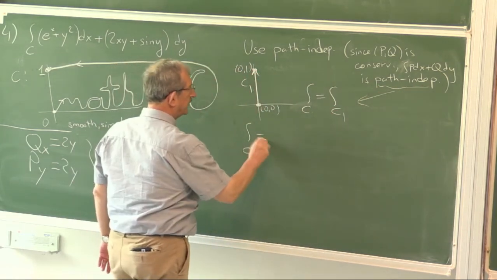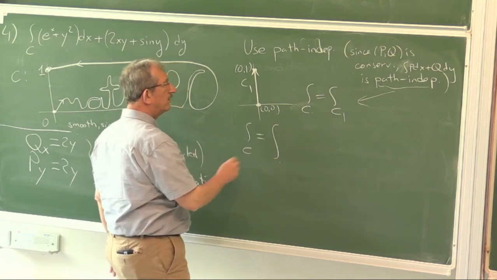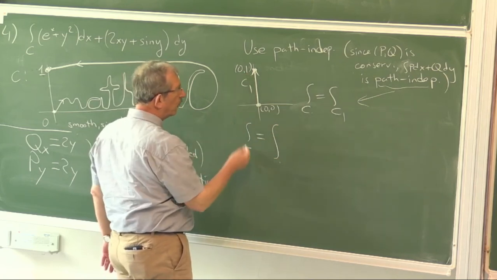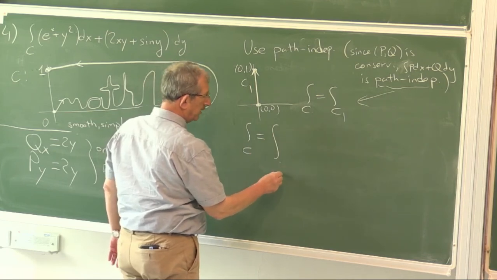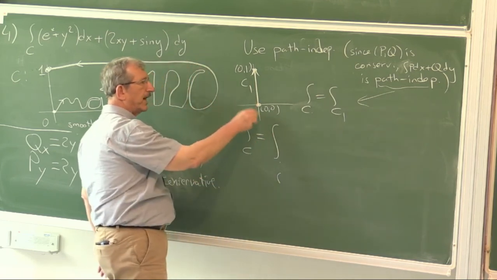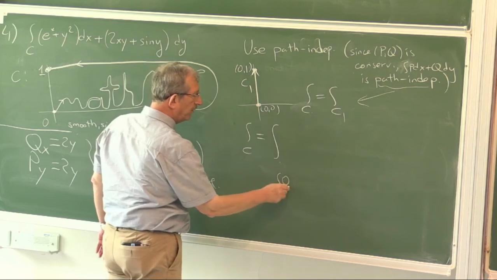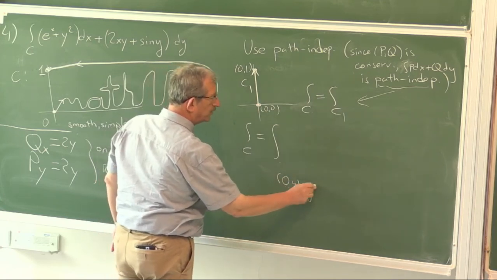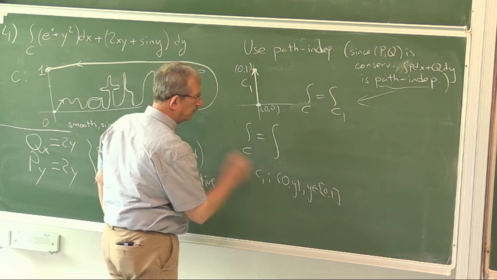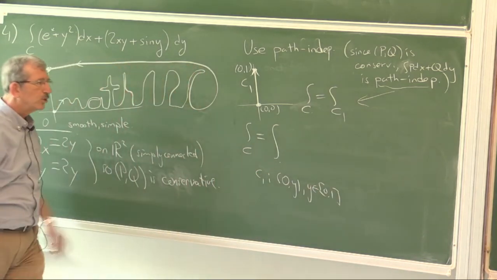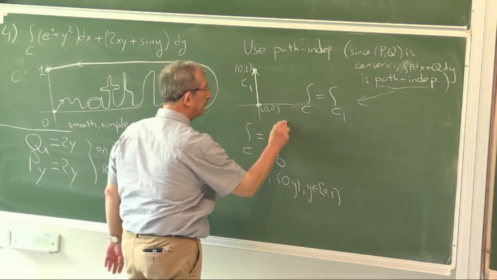Formulation, of course, is very easy for C1, namely we have obviously x identically 0, we have y, and y changes from 0 to 1. This is C1. So using it, 0 to 1.